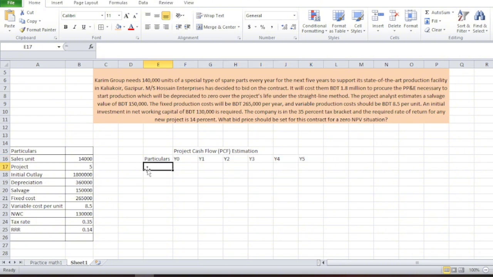First, we have the sales unit, where cell referencing is very important. And then we have the cost per unit of the variable cost, again using cell referencing.